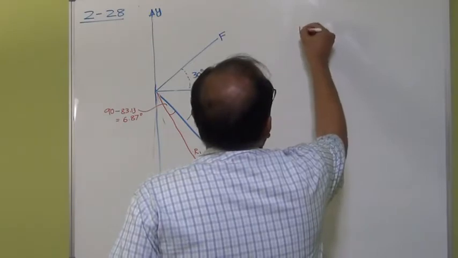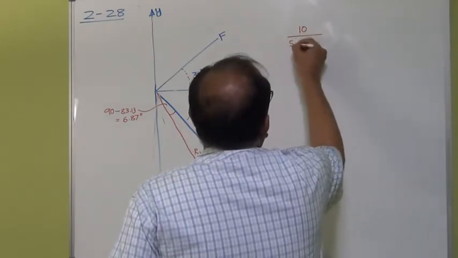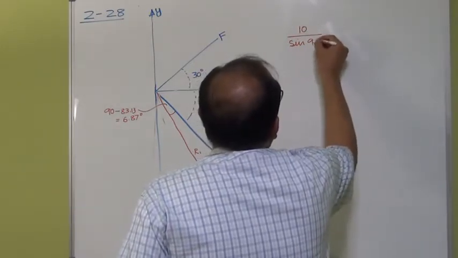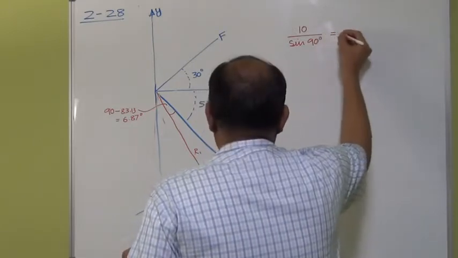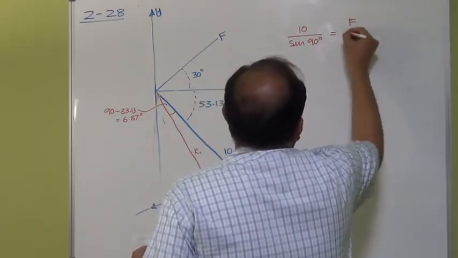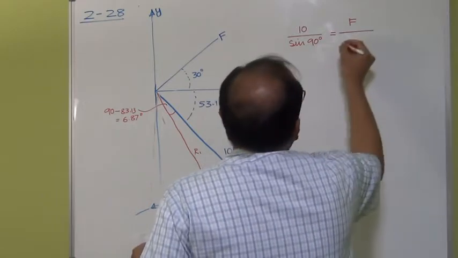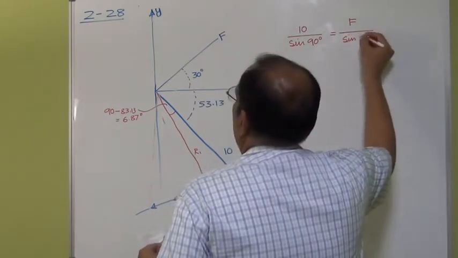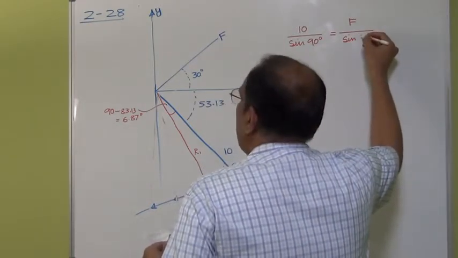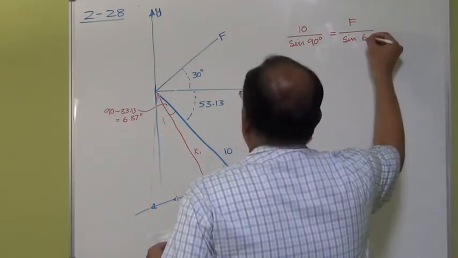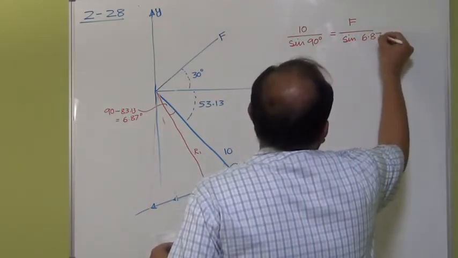You can say 10 divided by sine 90 is equal to F divided by sine 6.87.